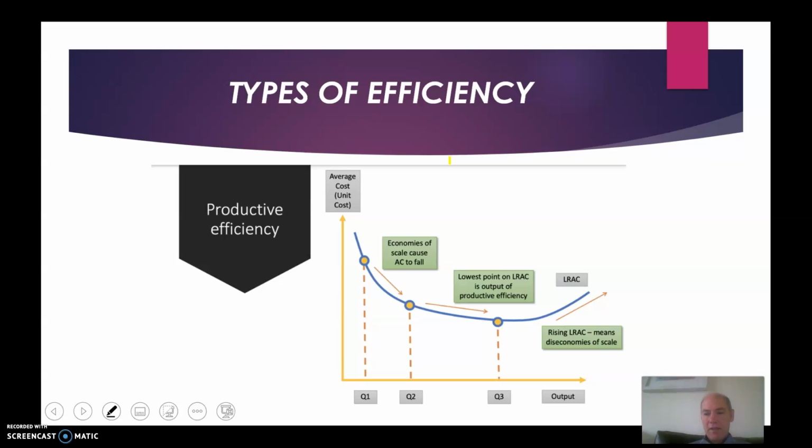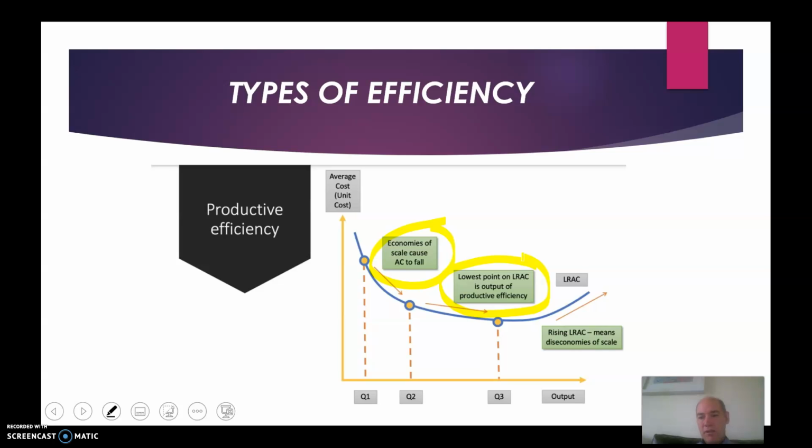Have a little look at the long run average cost curve, and as firms experience and benefit from economies of scale, you can see that in the long run they are moving to the most productively efficient point. That can only occur where the firm has attained minimum efficient scale, MES, so they've fully exploited all economies of scale.